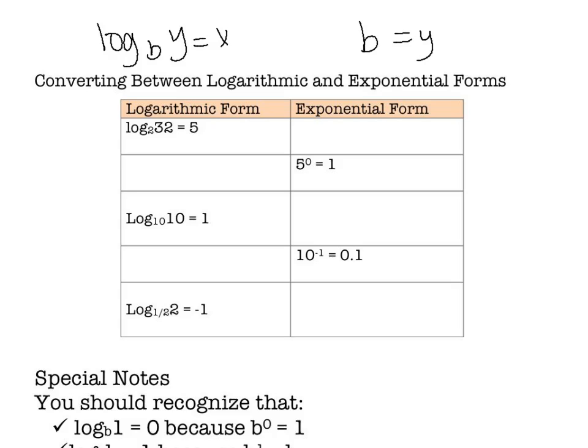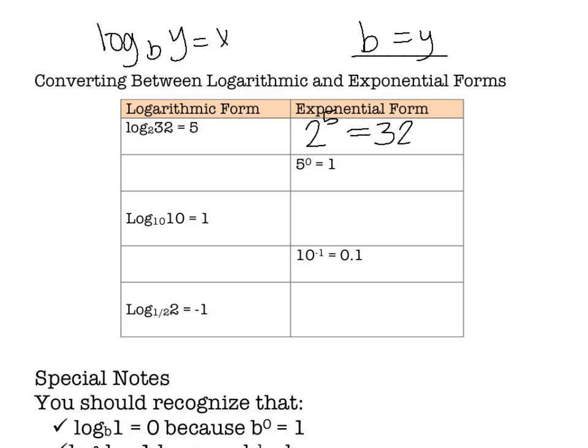So if I start out with a logarithmic form with base 2, y 32, and x is 5, I could rewrite that so my base was 2, my x was 5, and my y was 32. So in exponential form, that would be 2 to the 5th power is 32.